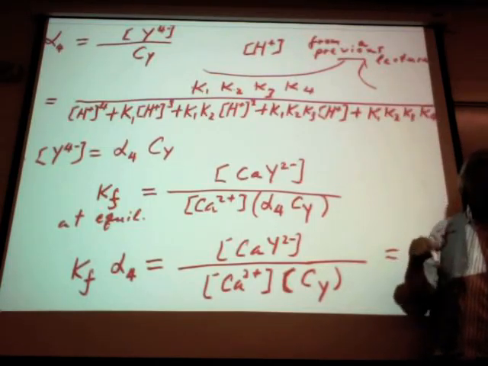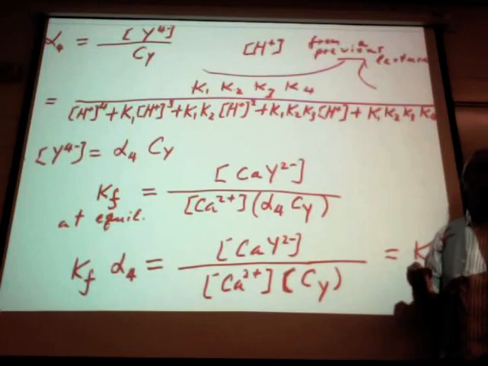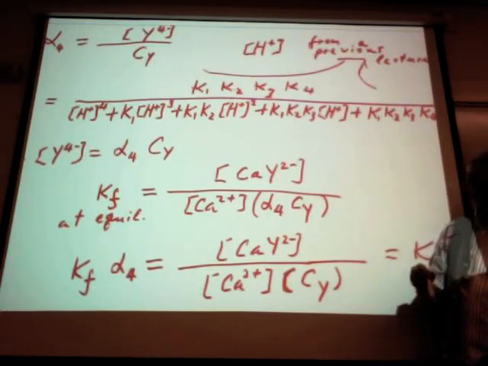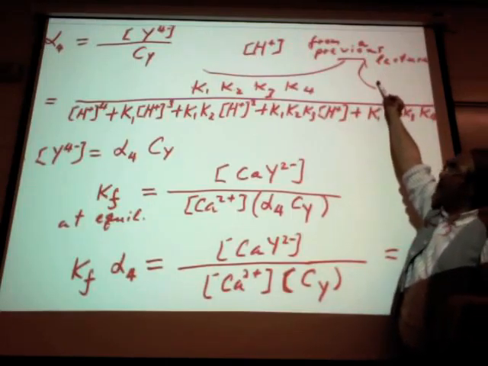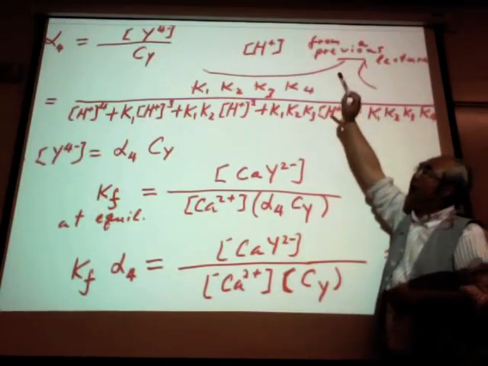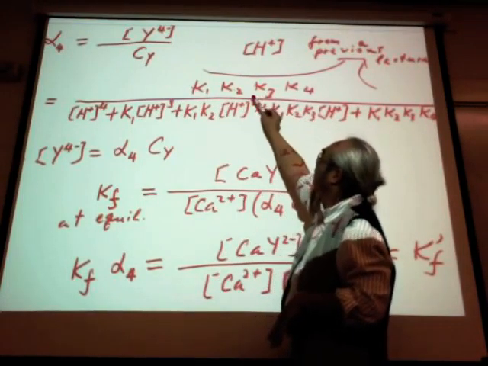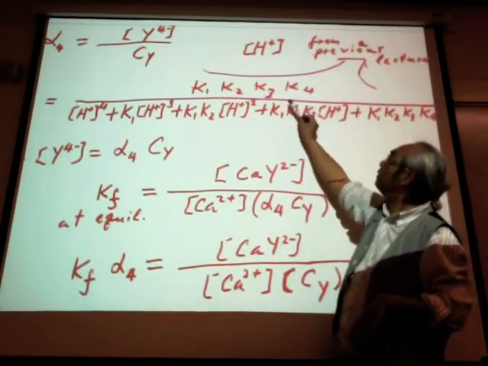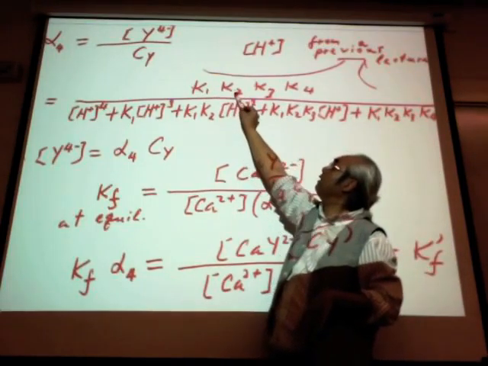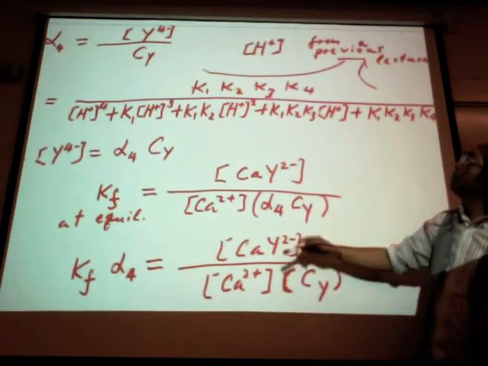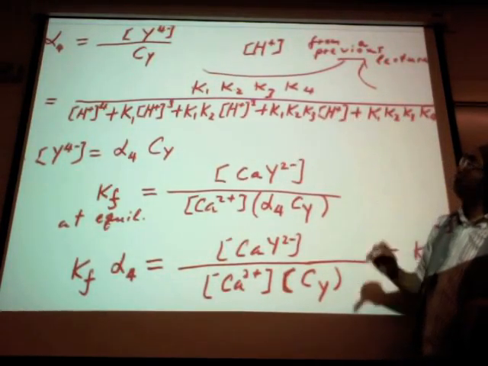Okay, so now it's H4Y, so you're going to involve 4 Ka values. So review that, and alpha 4 will then be simply calculated with this. Okay, so Ka1, Ka2, Ka3, Ka4, and plug in the pH.